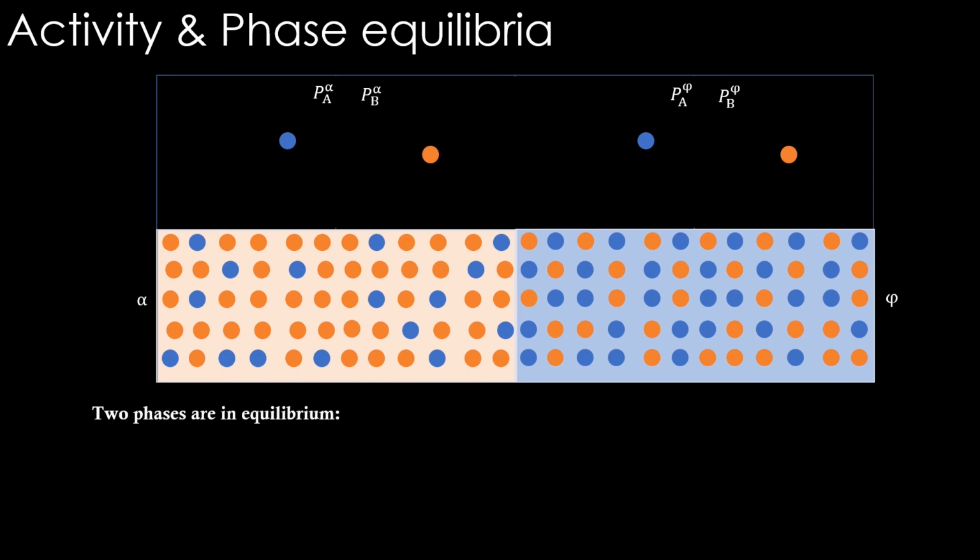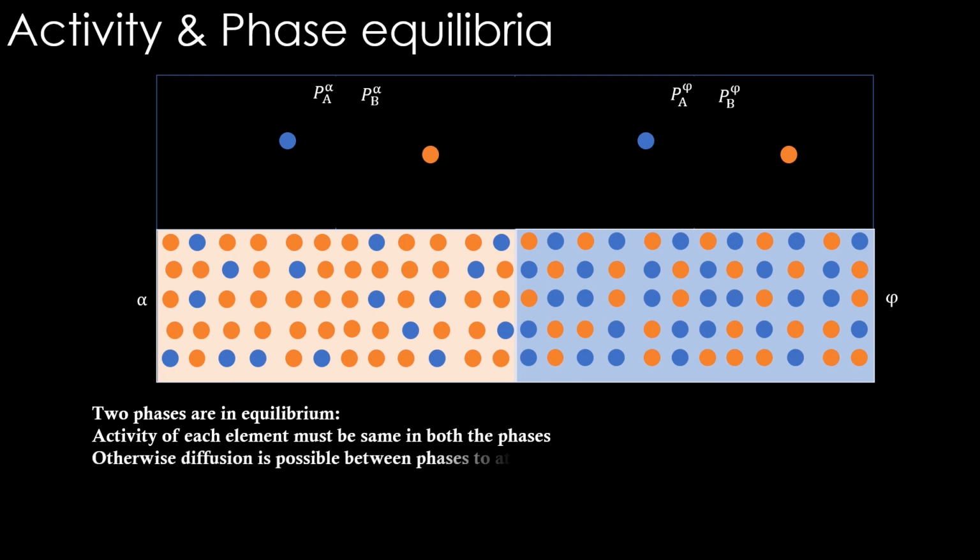If these two phases are in equilibrium, activity of each element must be the same in both the phases, meaning the gas atoms above them must be in the same quantity. If that is the case, then there will be virtually no change. The two phases are in equilibrium. The entire two-phase system is stable.